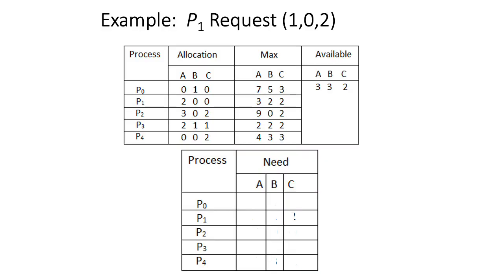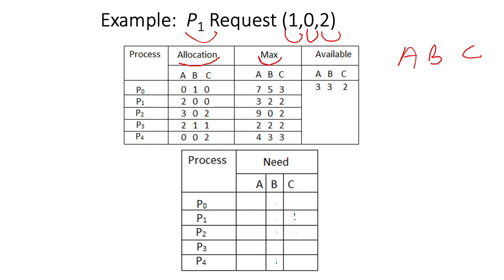Okay, so let's assume this is our system and we currently have 3 resource types, A, B, and C. And so we have one process P1 that is requesting 1 instance of A, 0 instances of B, and 2 instances of C. So this is the current allocation of each process in the system.